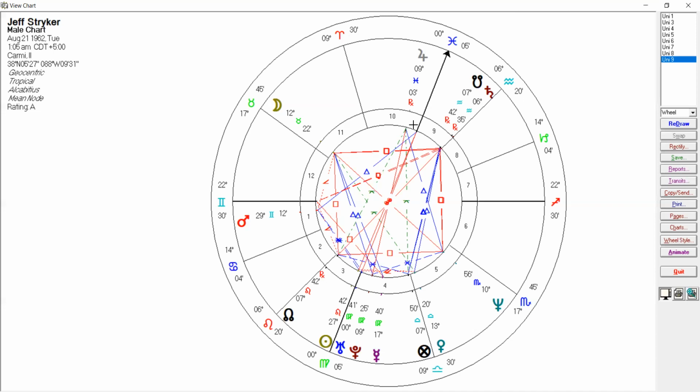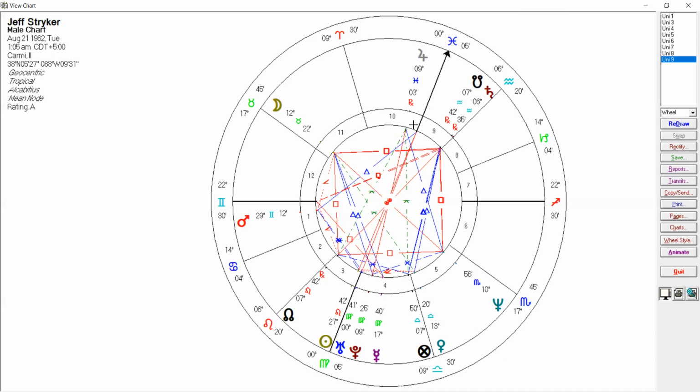Okay. So note that in both cases, in my opinion this is one of the conditions for fame. When you have the ruler of the part of fortune on the part of fortune and the ruler of the part of spirit on the part of spirit, or vice versa. Often that can be an indicator.